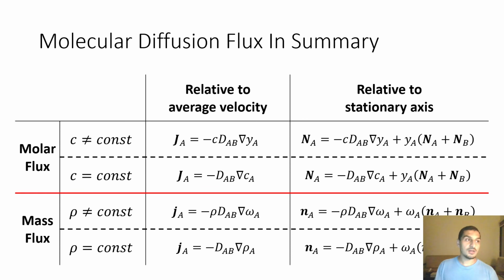As I said, you will see them a lot, and you have to make sure that you understand what they represent. One thing that I believe you'll be thinking of is, okay, when will I know that I'm calculating the flux relative to the average velocity, or relative to the stationary axis? This is something that we will discuss later, but just know for the time being that these are the options.